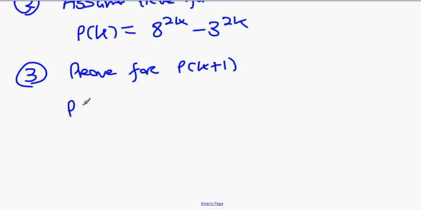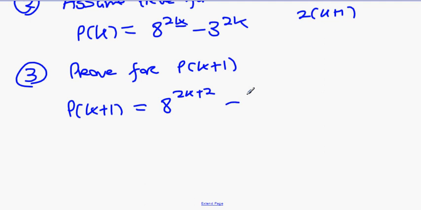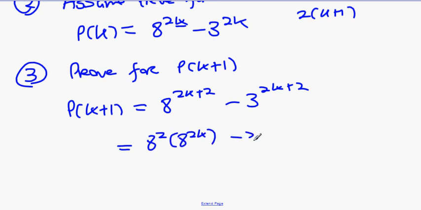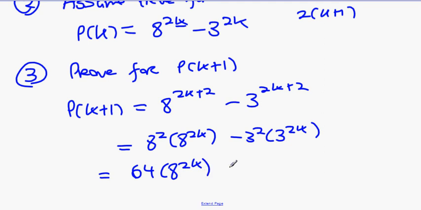So we're going to get P of k plus 1 ends up to be, now replace k with k plus 1, so it's 2 times k plus 1, so it's going to be 8 to the power of 2k plus 2 minus 3 to the power of 2k plus 2. What we're going to get here is 8 squared by 8 to the 2k minus 3 squared by 3 to the 2k. Then what we're going to get is 64, 8 to the 2k minus 9 by 3 to the power of 2k.